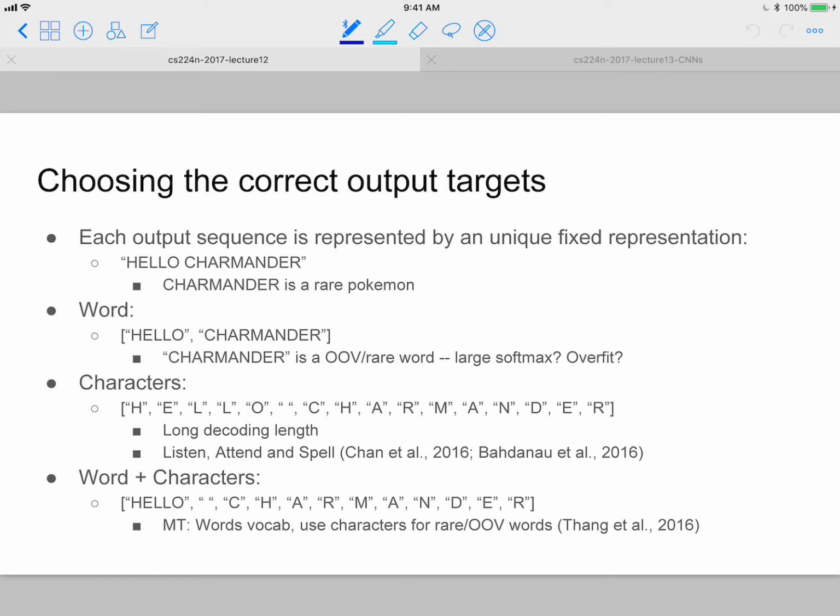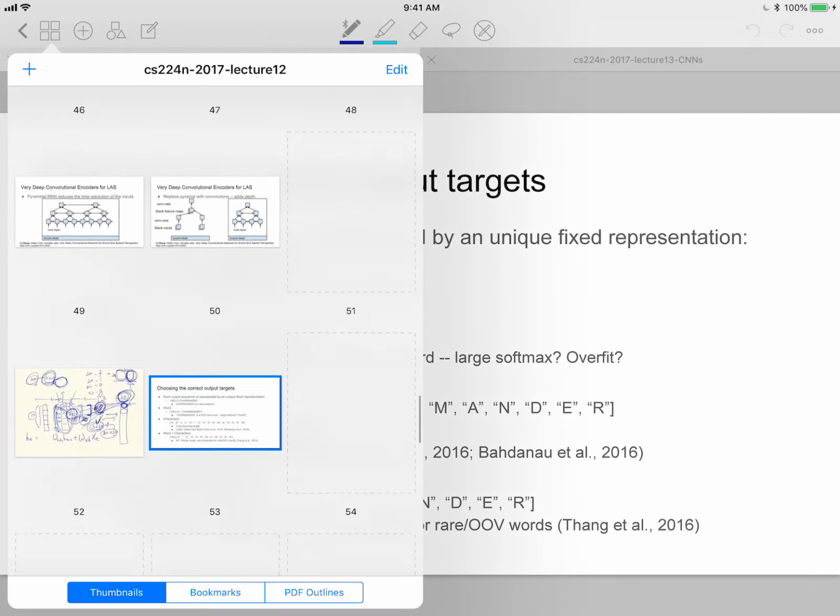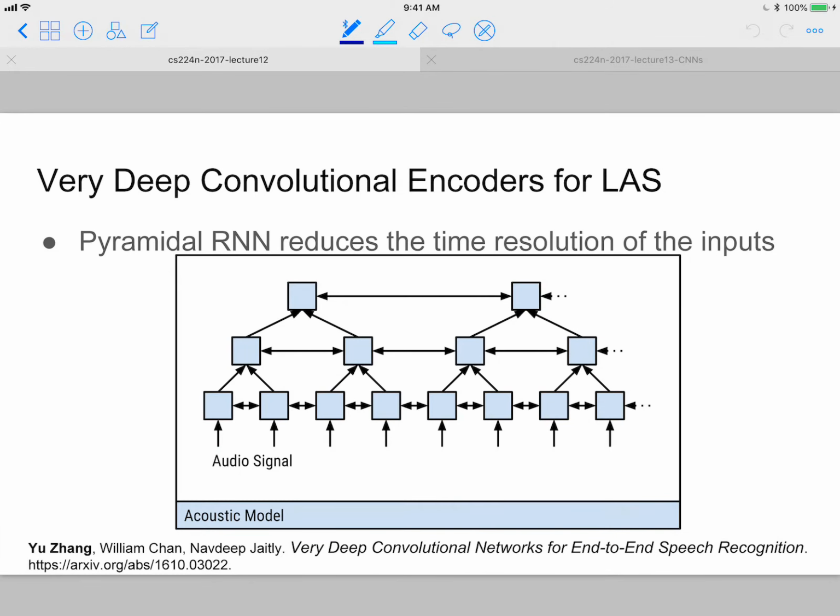So let's think about the bidirectional LSTM. In the case of a bidirectional LSTM, it assumes that the entire input sequence is already given, right?